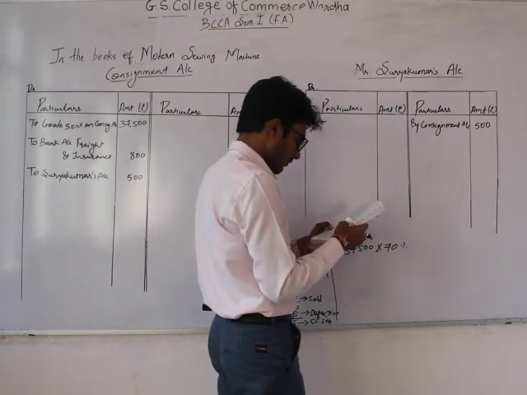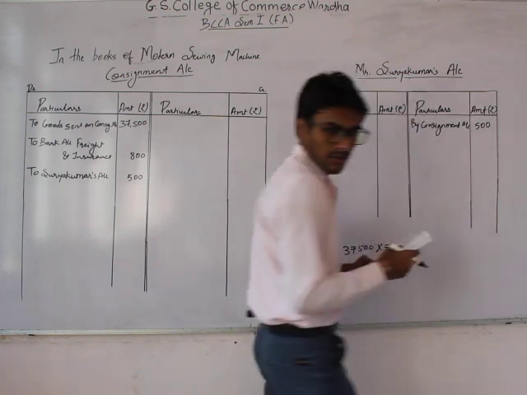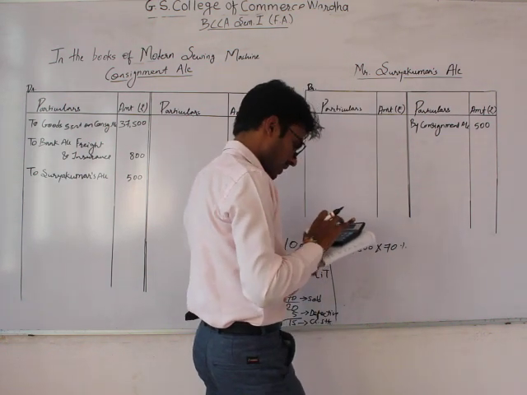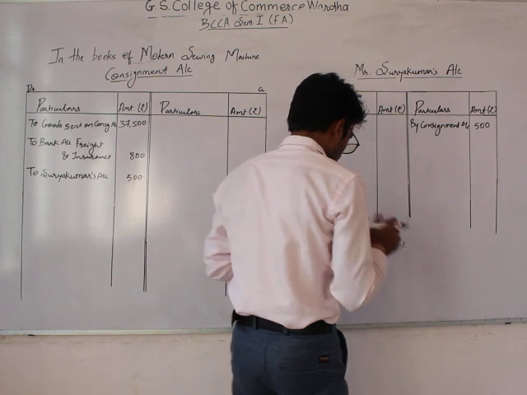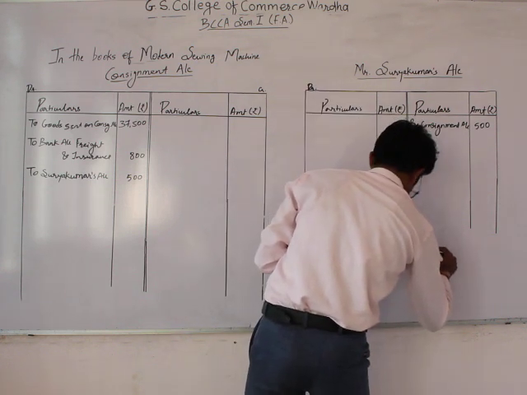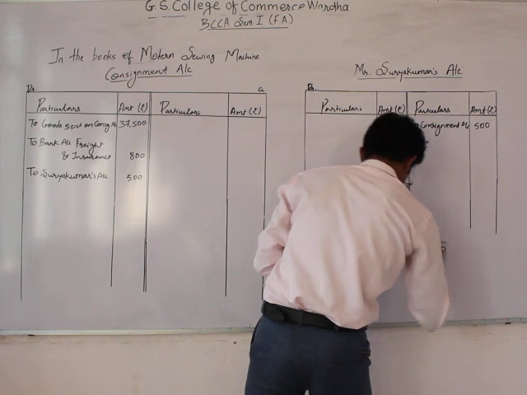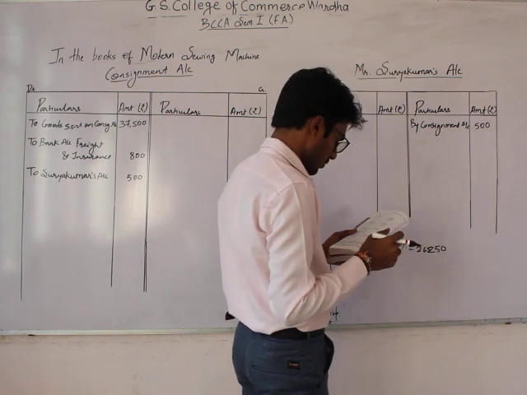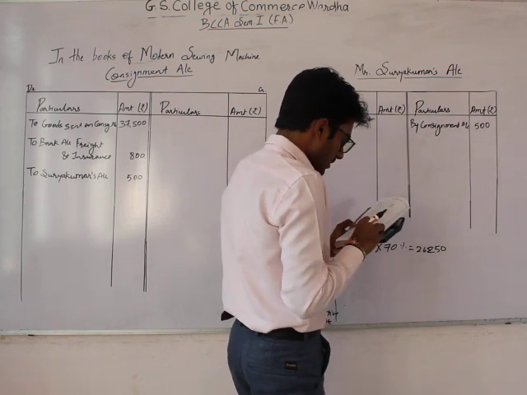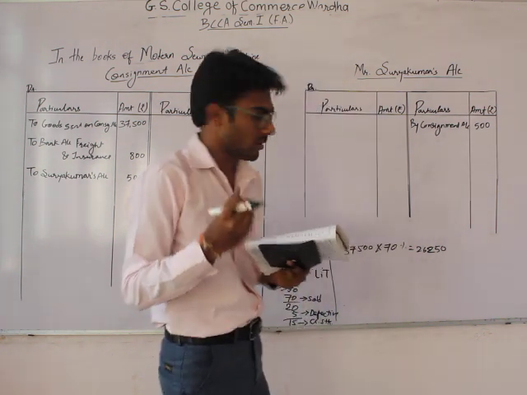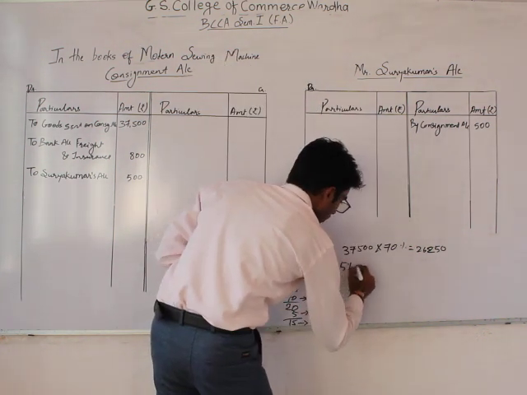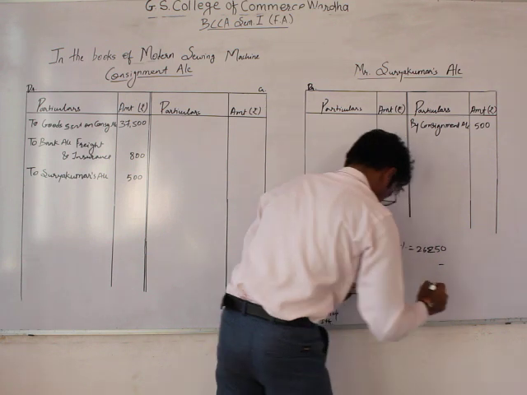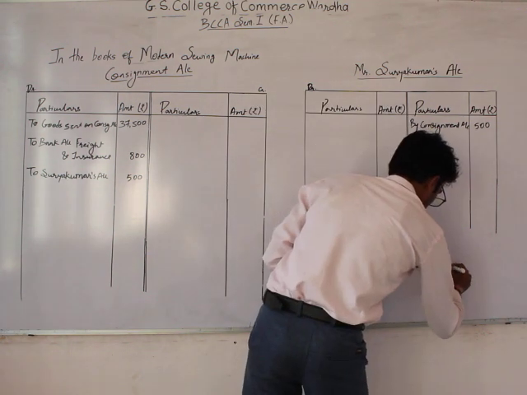So 70% of 37,500 will become 26,250, and this is your selling price for 70 units. So we have to take 5% on 26,250, and that will be 1,313.